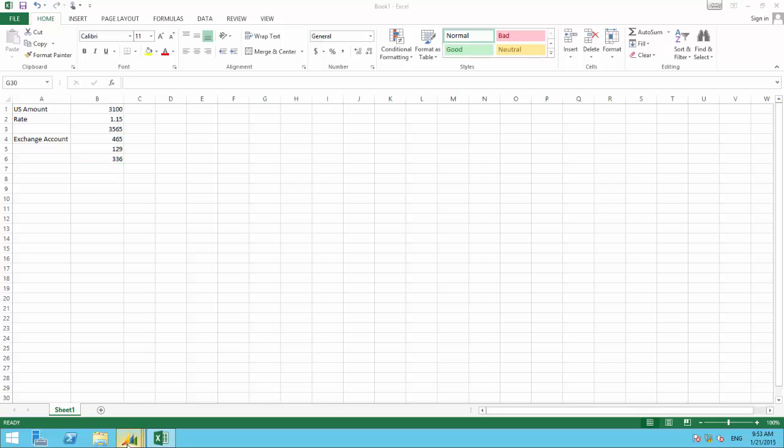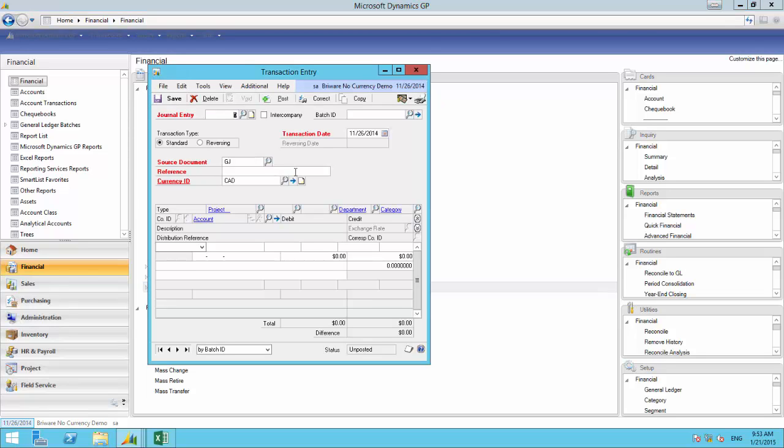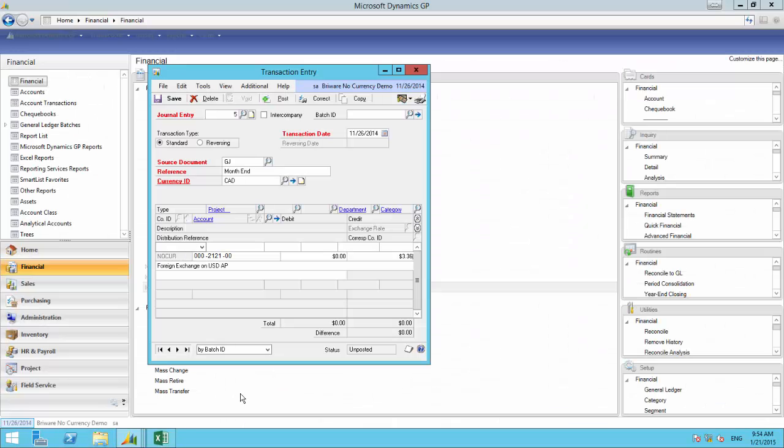So now I'm going to pop back to Great Plains and enter a journal entry. I'm going to hit my accounts payable exchange account with the credit that we saw before of 336.